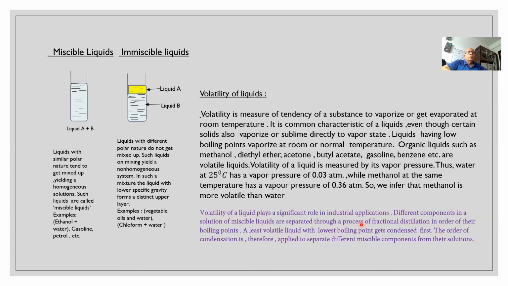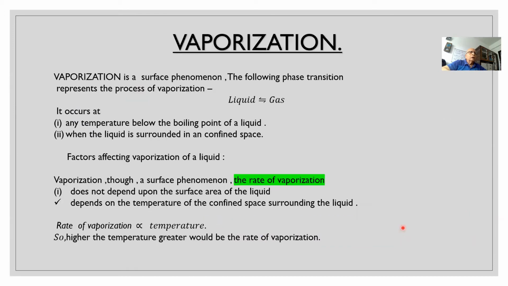Now, this characteristic of liquids is used in what is known as fractional distillation. And using this, we process petroleum to get different fractions of it. That is petroleum distillation.